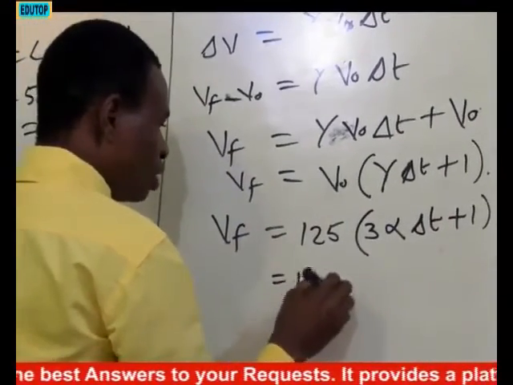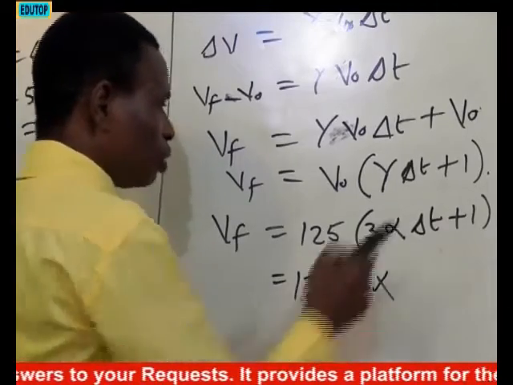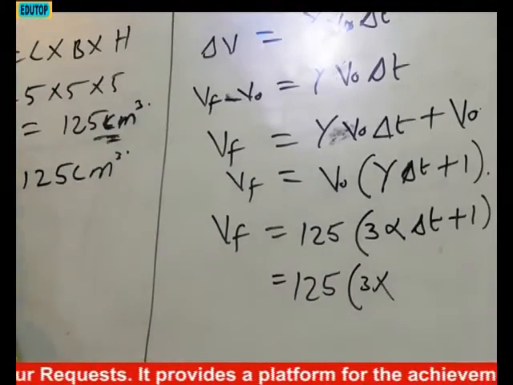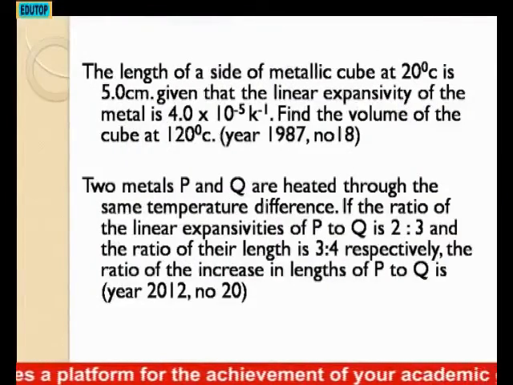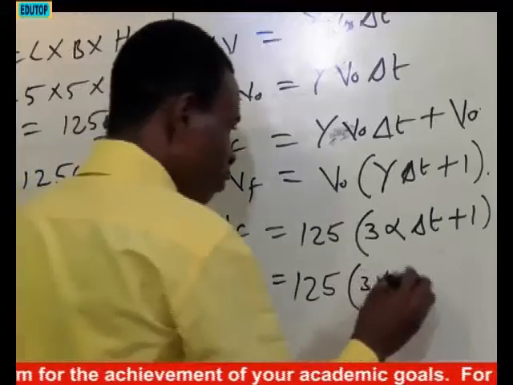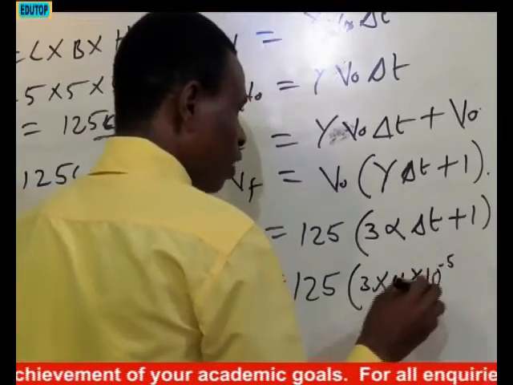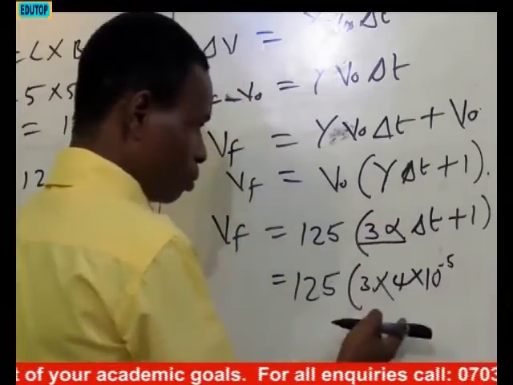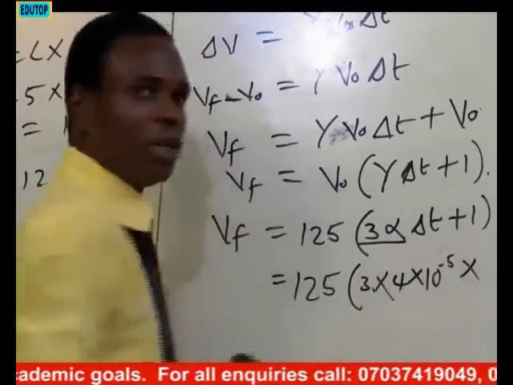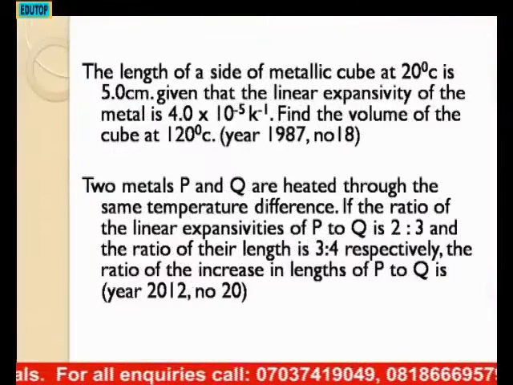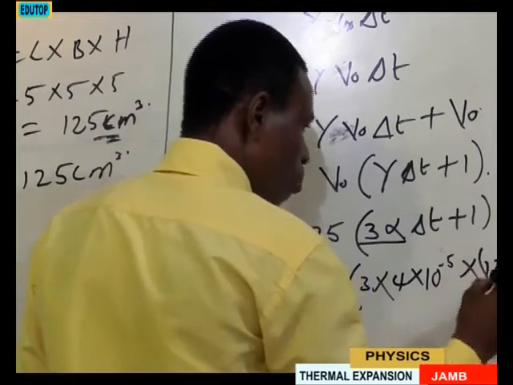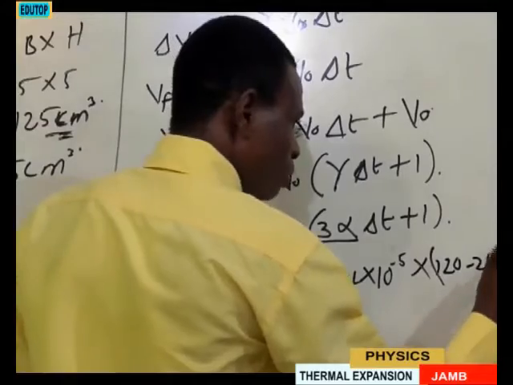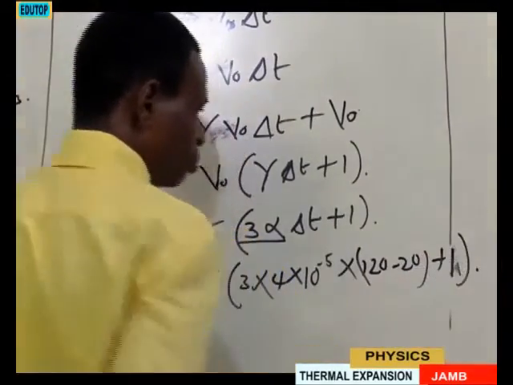So I'm still going to have 125 into 3 times the value of linear expansivity we are given, which is 4.0 times 10 raised to the power minus 5 per Kelvin, times change in temperature. Our temperature change is from 20 degrees Celsius to 120, which is 120 minus 20 in brackets, plus 1.